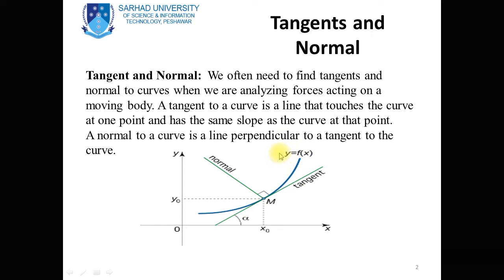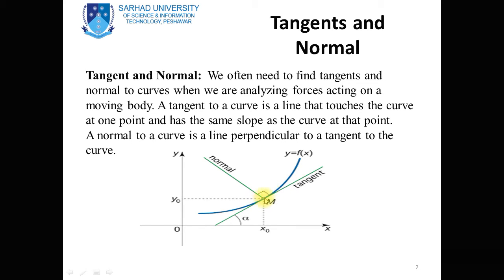First of all, we find the implicit differentiation of the given function at this point M. When we calculate the implicit differentiation of the function at this point, it gives the slope of the given function at this point, and it gives the slope of the tangent line at this point.